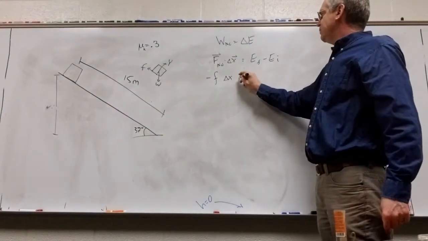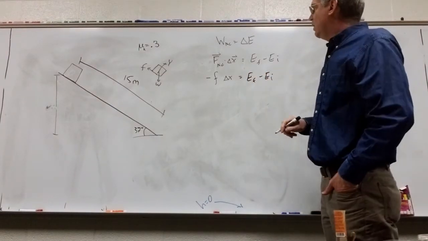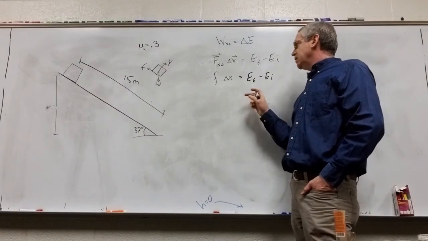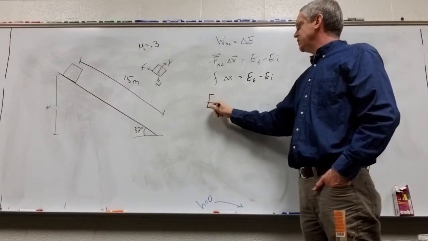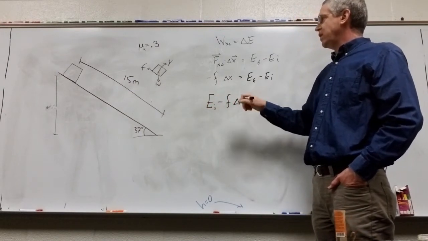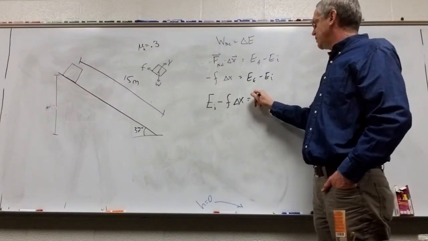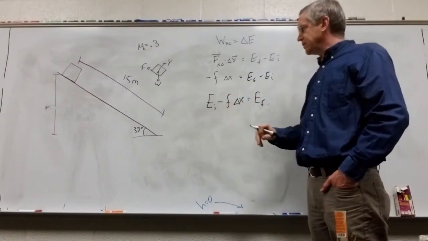So it's a negative, equal to E final minus E initial. Therefore my initial energy minus friction times the distance it goes down the ramp is equal to E final. So we're going to end up with less than what we started with because we're subtracting some.